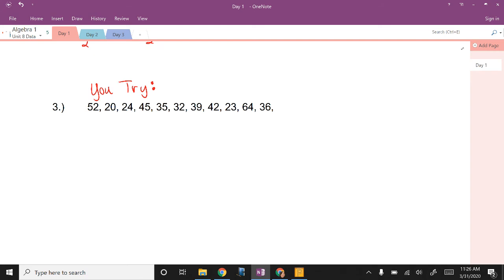Okay, so the first thing we need to do is put this data in order from least to greatest. I believe 20 is my smallest number. I'm going to mark it out. I can see it better when I mark it out. And then it looks like 23, and then 24. And then I believe my next lowest number is 32.